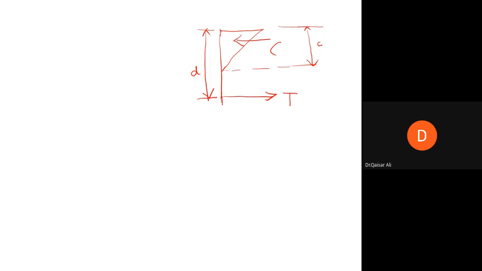So the neutral axis will not remain at mid depth; it will shift upwards. This shift creates a situation where the neutral axis depth from the top fiber is small c. This is the neutral axis depth, and it is not known to us in this particular case.